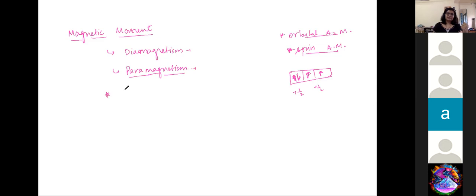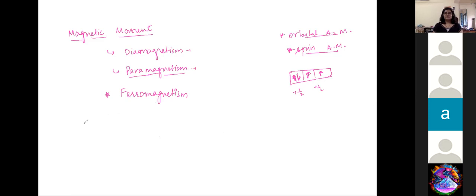There is another effect called ferromagnetism. So ferromagnetism is basically paramagnetism on steroids. So it's like an extremely strong version of paramagnetism. So that is ferromagnetism. Okay.